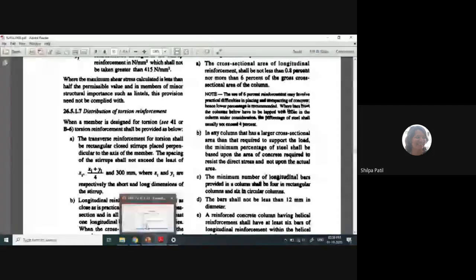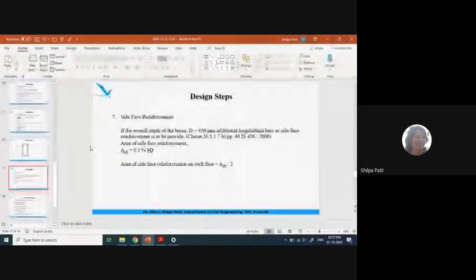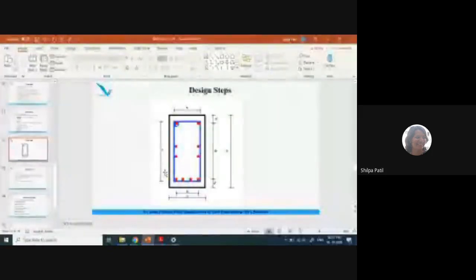Now after this, you can see in this diagram, these are the main reinforcement, which is on the tension side. Then this is another reinforcement, which I will call a main reinforcement only if we are considering the ME2 effect, which is on the compression side. The blue line represents the stirrups, and two more dots you can observe here.